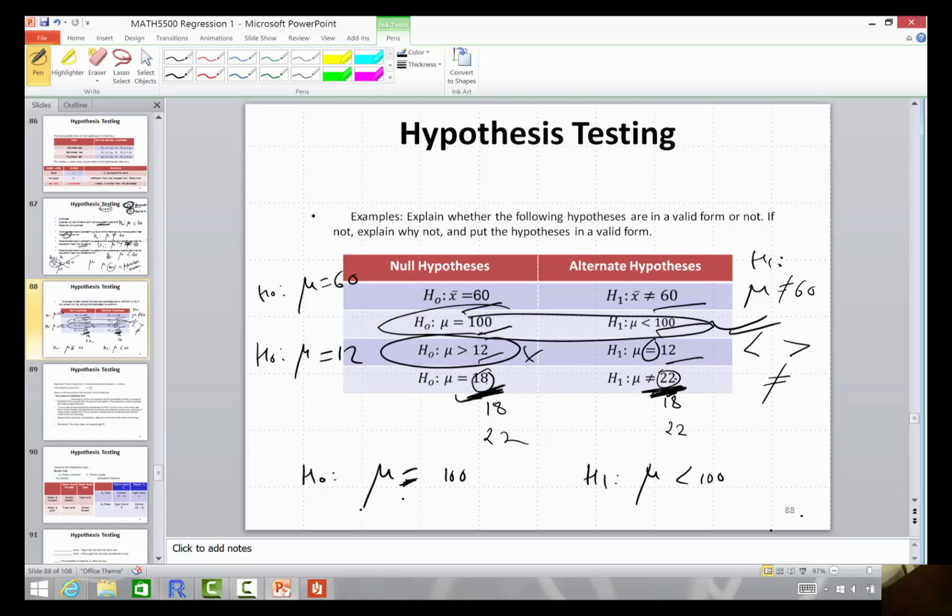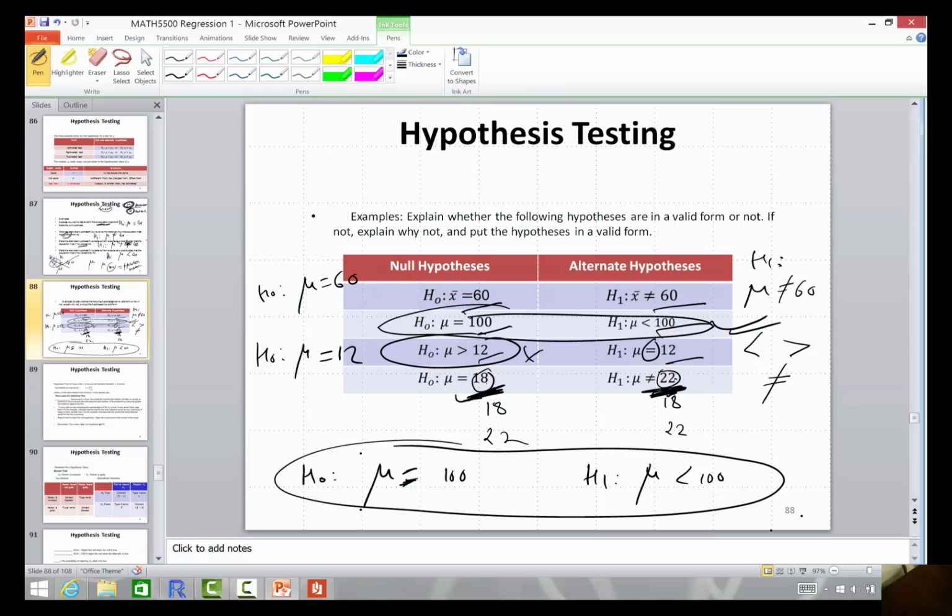If you understand this, this is absolutely correct, and this is enough for you to understand. Some people see that here it is less, so they will write greater than or equal to. If you have seen this before, then yes, this is also fine. But if you have not seen this before, don't be confused.